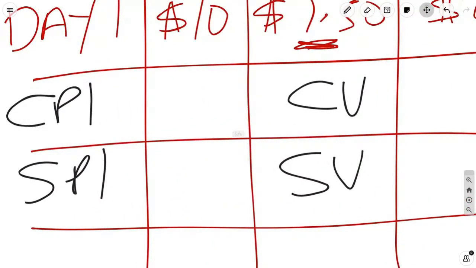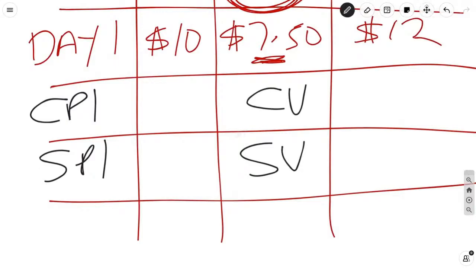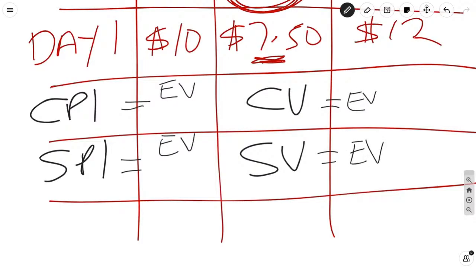So all of these metrics, whether it's CPI or SPI or CV or SV, they all begin with a statement that says earned value, earned value, earned value, earned value.